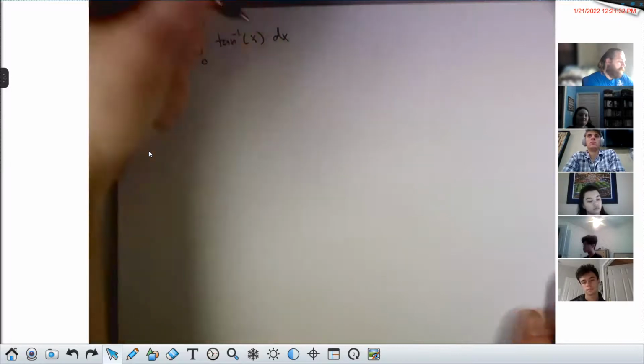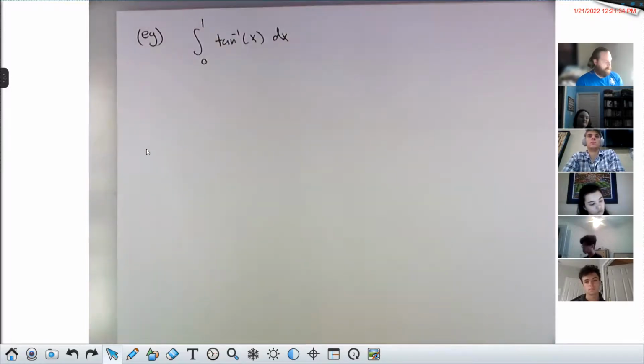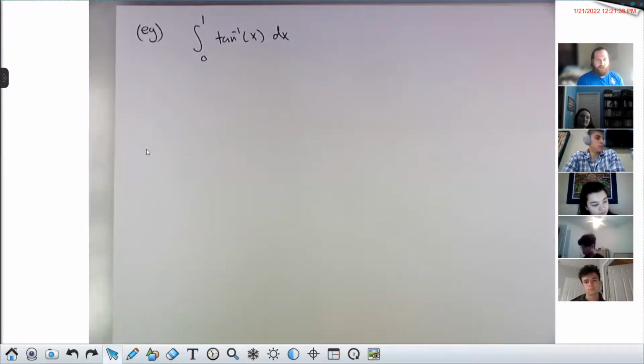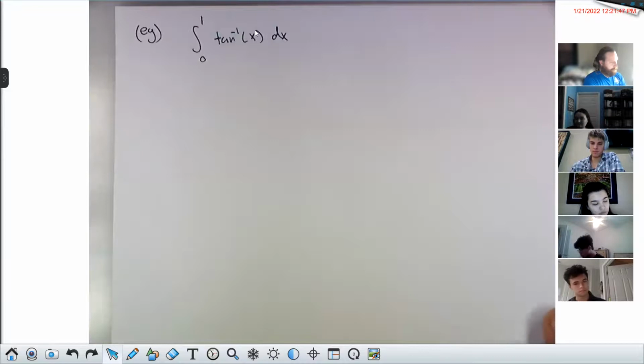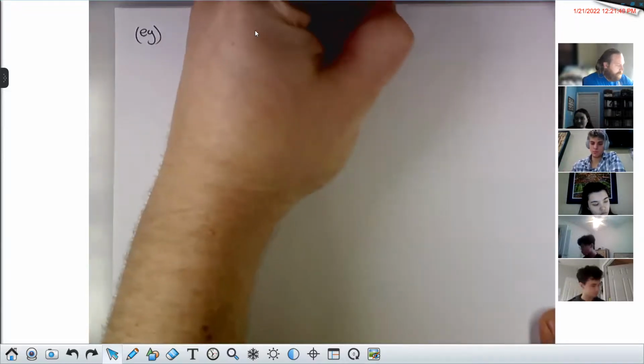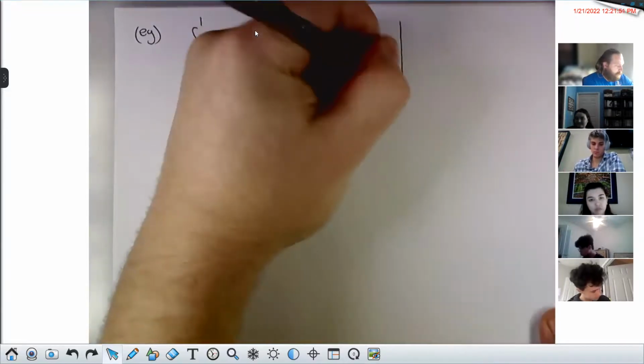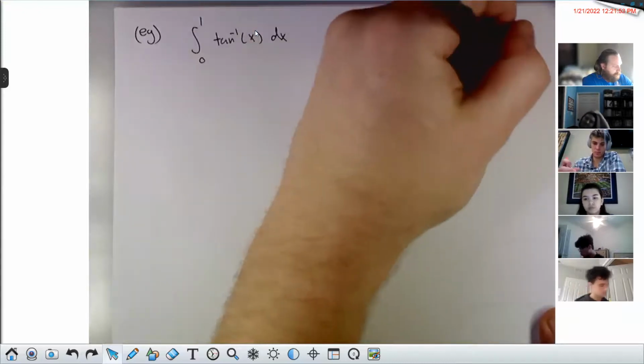Every function is a guy, and they have personalities. One of my favorite functions is the inverse tangent function. He's a cool dude. I like him a lot. This, as a definite integral, has an interpretation in terms of areas.